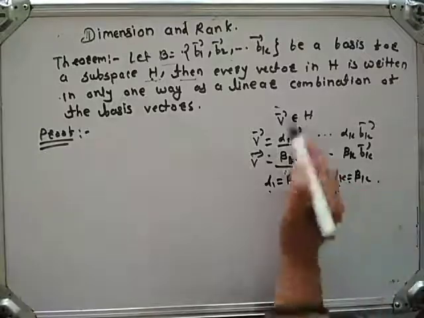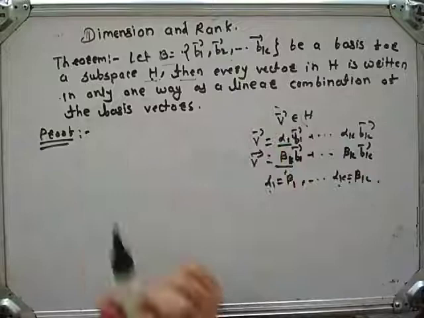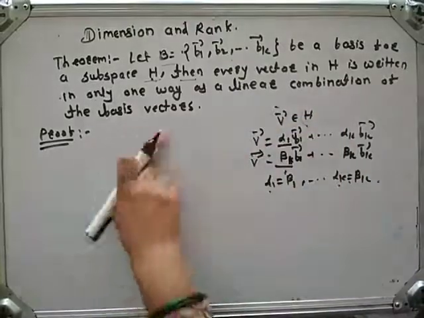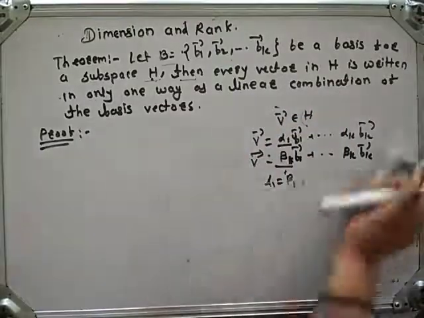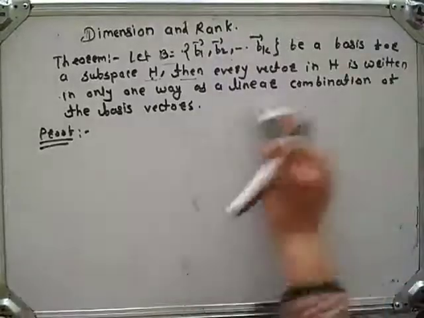Means every vector in H is written in only one way as a linear combination of the basis vectors. Okay. So now we will prove this.